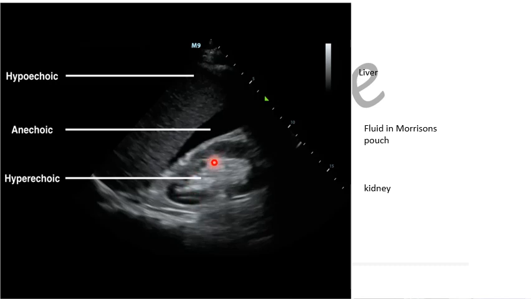Almost white, which is your kidney. That means this is reflecting all the ultrasound waves back. This is absorbing, not sending it. This is partially reflecting it back into the transducer. Once you get this template, it will be easy for you to interpret the ultrasound findings.